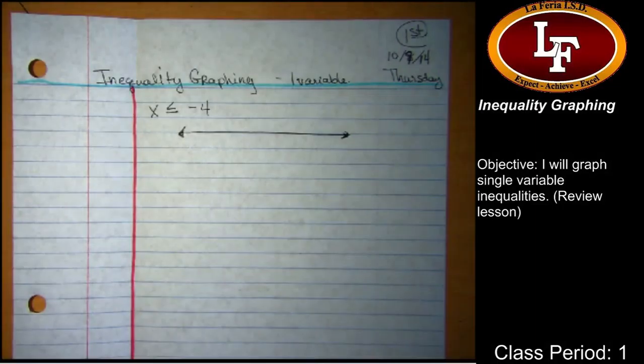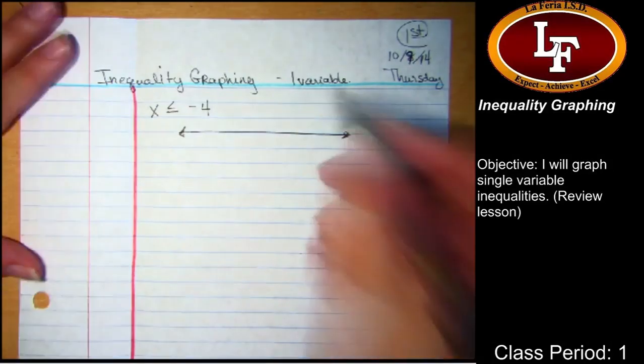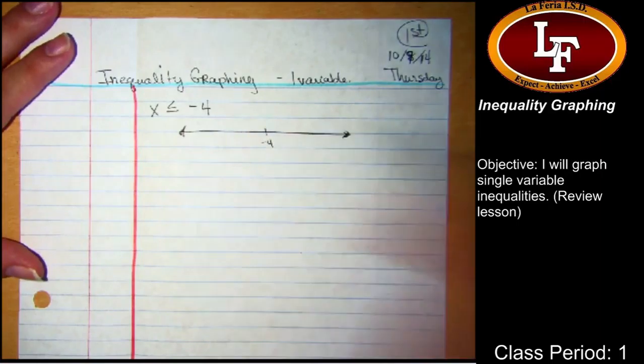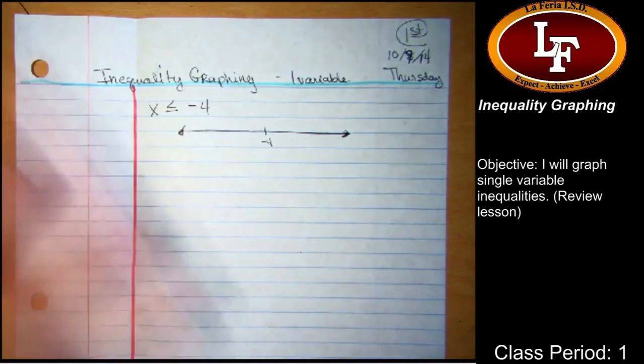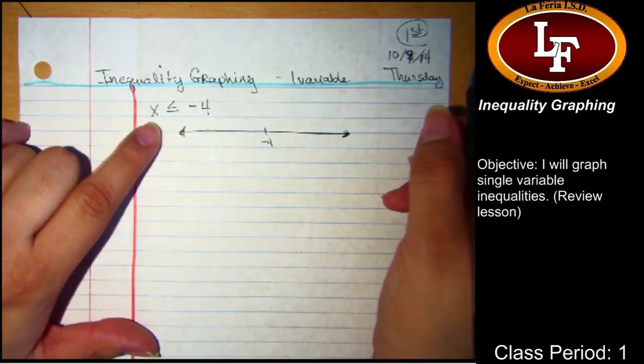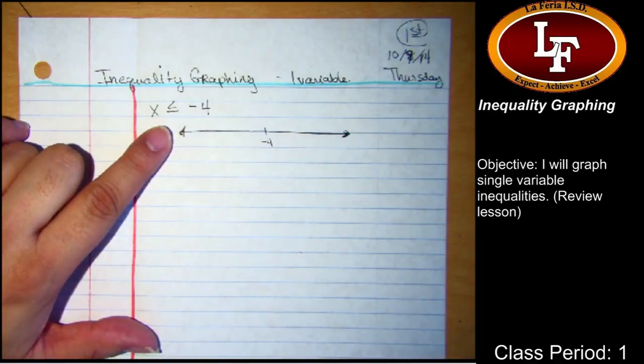There we go. So the first thing we need to do is put -4 somewhere on this line. And it doesn't matter where. It's our choice. So that looks like a good spot for it. We can assign that. And now we're going to start doing the actual graphing. I'm going to look at the symbol first and ask, is that a strictly less than, or is it a less than or equal to? It's a less than or equal to.